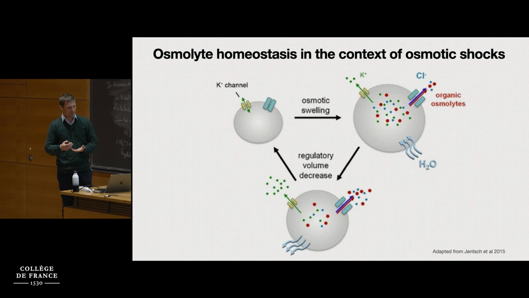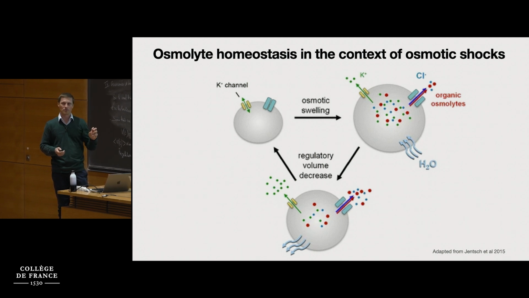Before I start talking about what we did, I just want to point you to a problem, which is that most of the things we know about the homeostasis of osmolytes, we know from measurements in the context of osmotic perturbations. What happens if you, for example, put cells in a hypotonic solution is they rapidly take up water and swell up, and this leads to tension at the membrane.